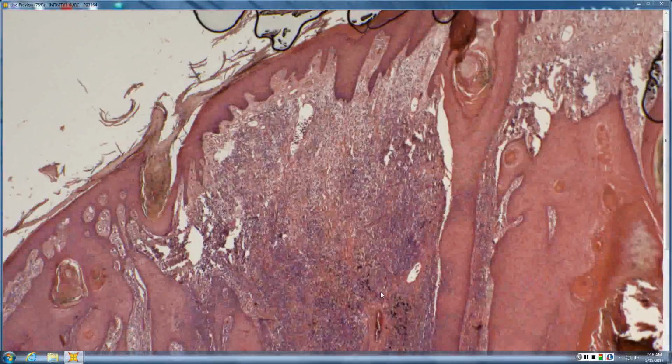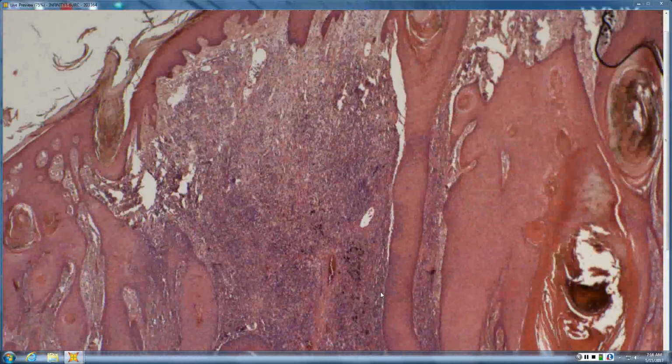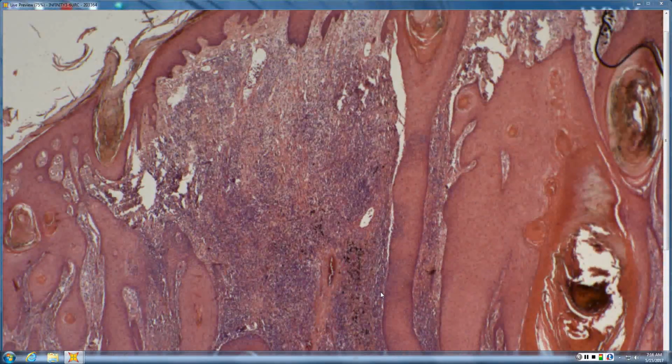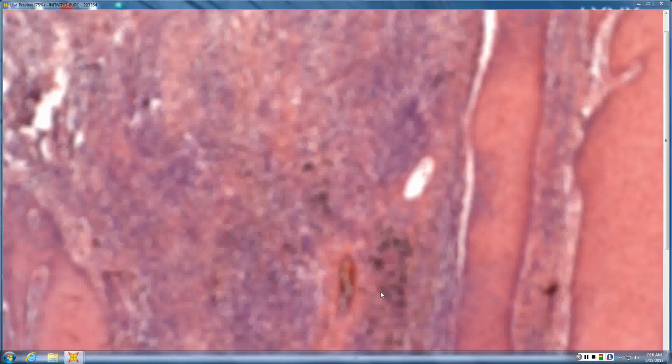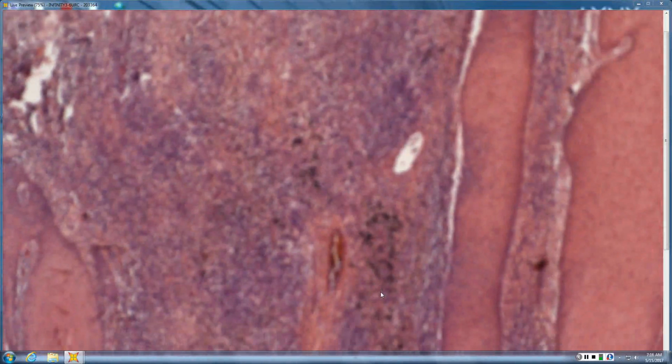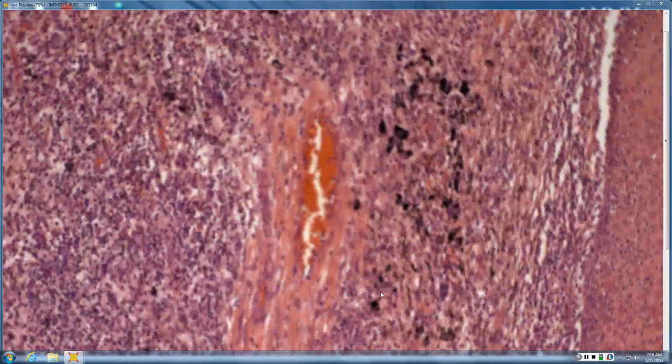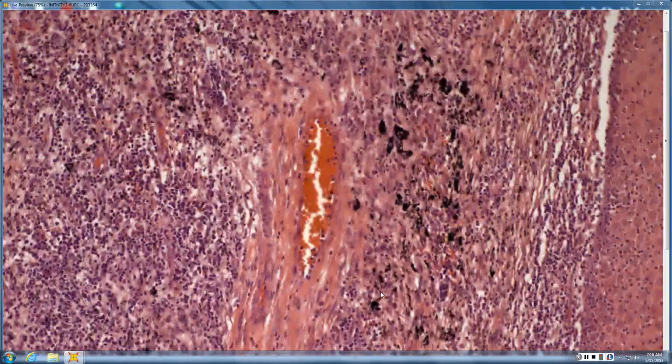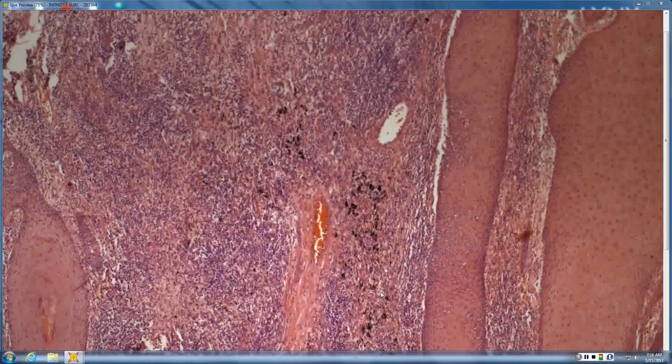There's not really pus or neutrophilic abscesses, but there is pigment here, and so maybe they're getting a horrendous response to the tattoo pigment. It's not really granulomatous or sarcoidal, but this is just tattoo pigment, and it's hard to say exactly why they're getting that pseudoepitheliomatous hyperplasia response, but that's what this is. Tattoo.